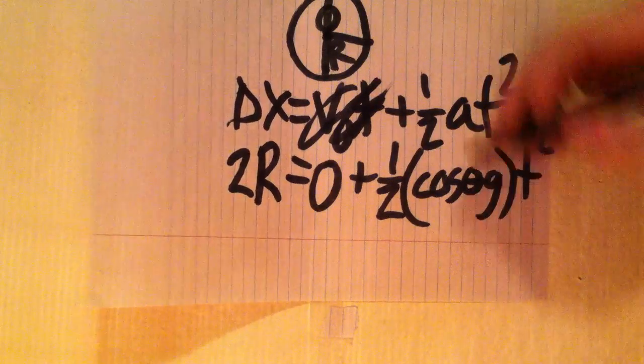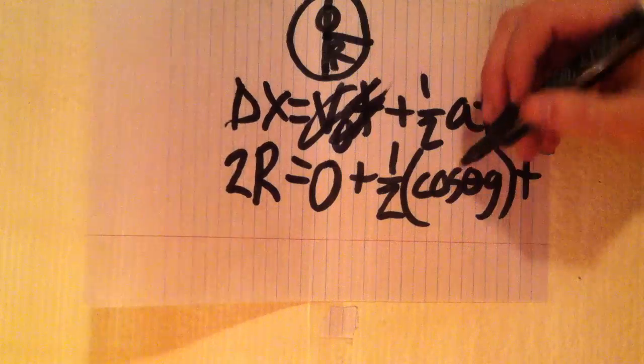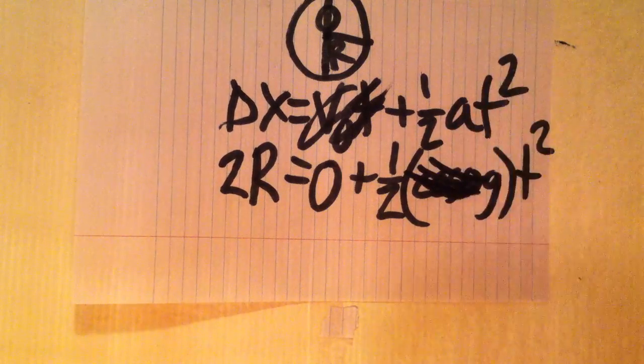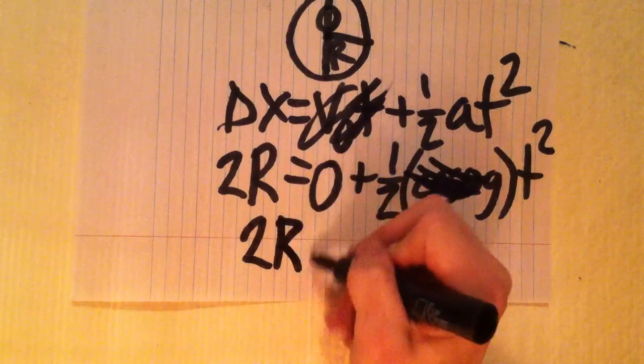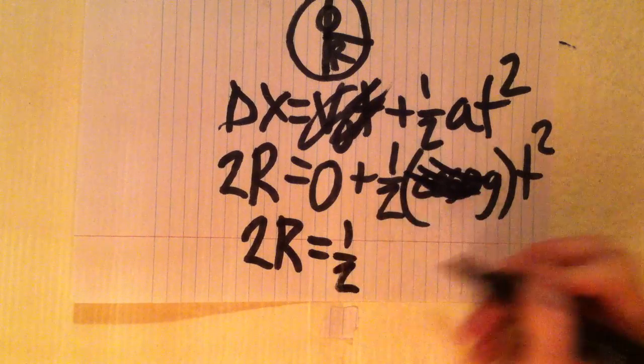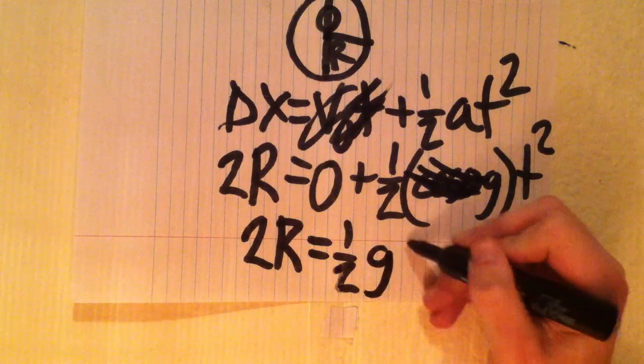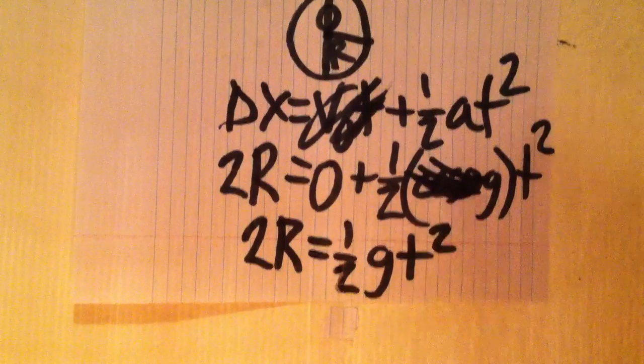Cosine of 0 is 1, so we can eliminate that from the equation entirely, and then you're just left with 2r is equal to 1/2 g times time squared.